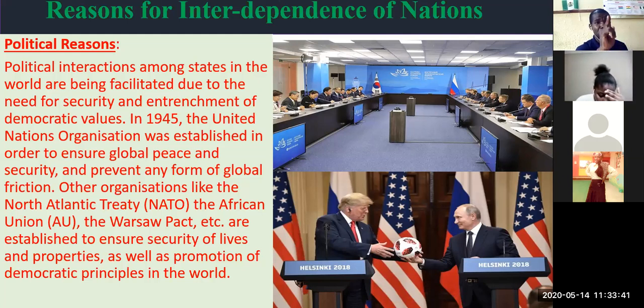Nigeria will not solve the problem of Boko Haram alone. Chad will not solve it alone. Niger will not solve it alone. Cameroon will not solve it alone. Hence, the reason for political interaction is to resolve the problem of common goals.